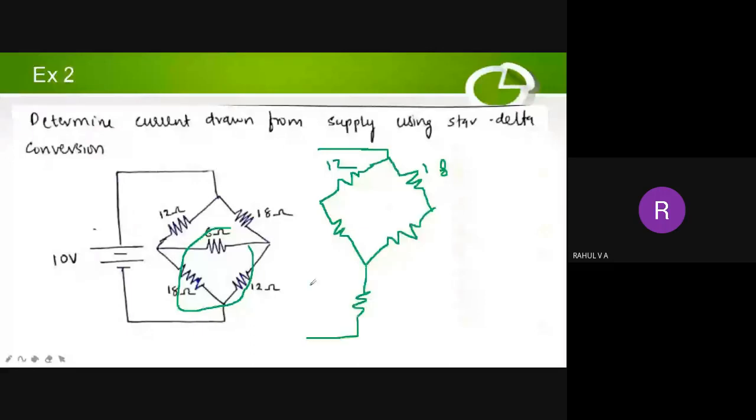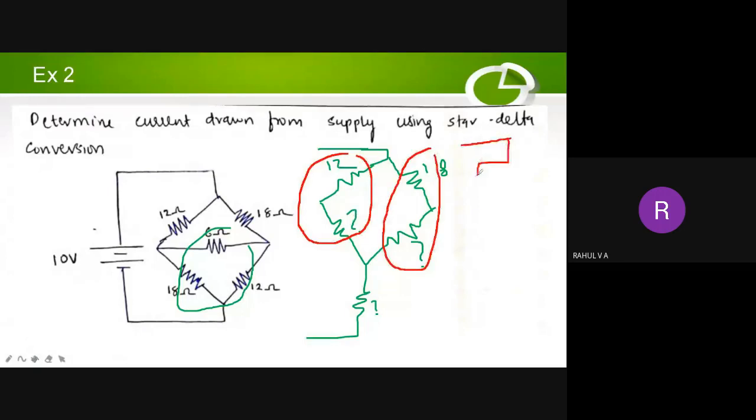So now the new values I have to write here. In this connection, these two resistors are in series and these two resistors are in series. I can add both the resistors, so I will get a new diagram like this after simplification.